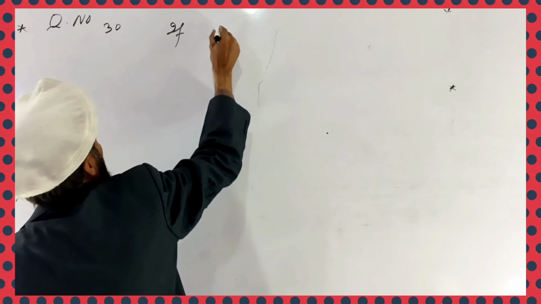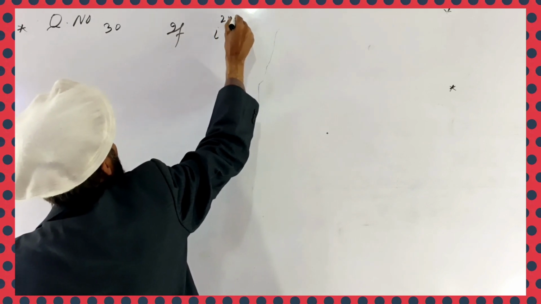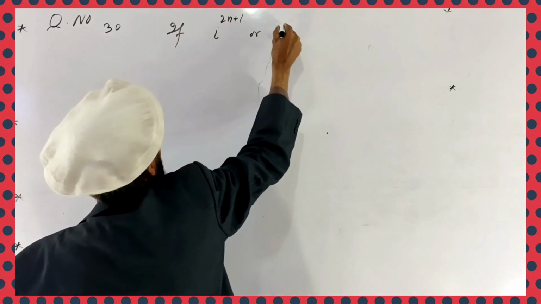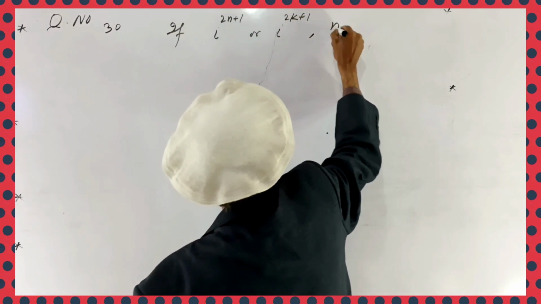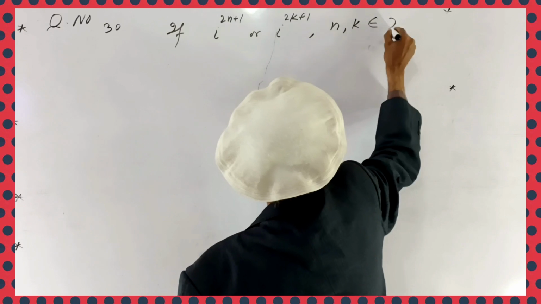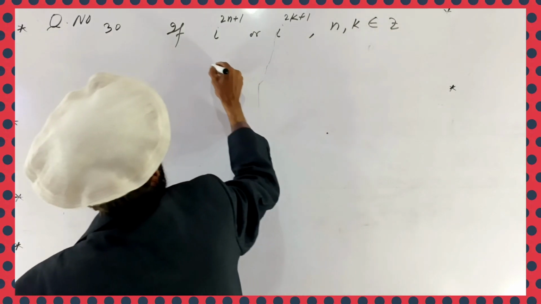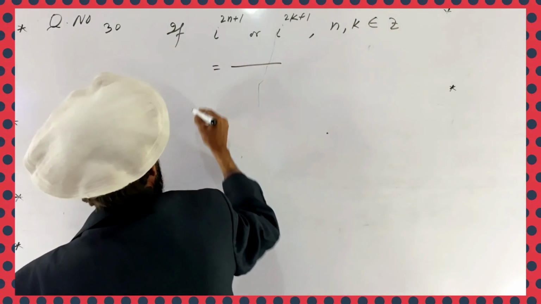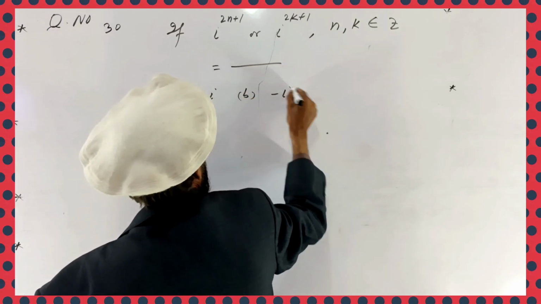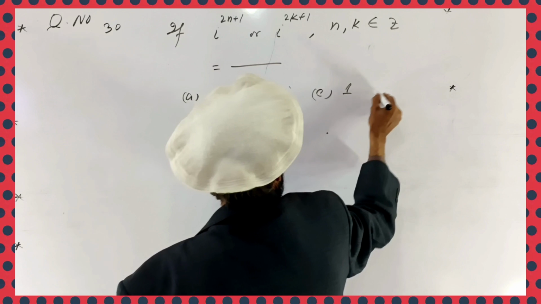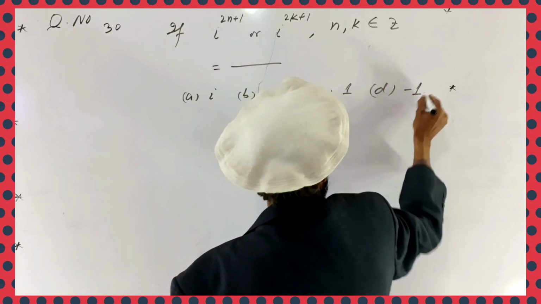If iota to the power 2n plus 1 or iota to the power 2k plus 1, where n and k belong to Z, the integers, then what is the result of this one? Options: iota, minus iota, 1, minus 1.